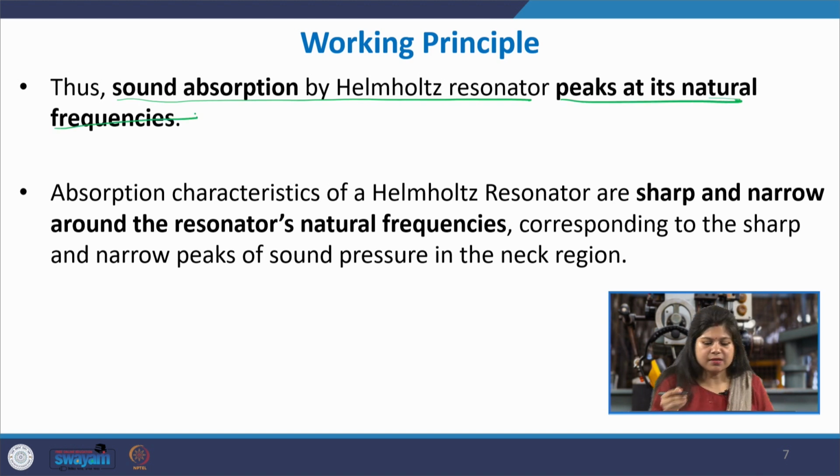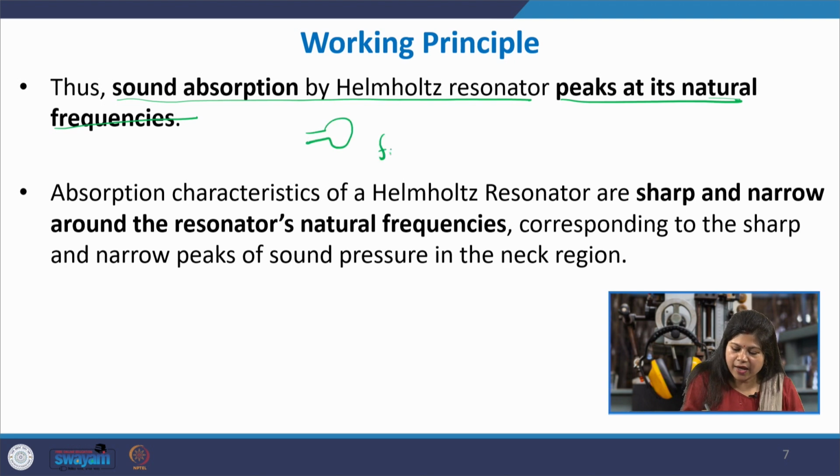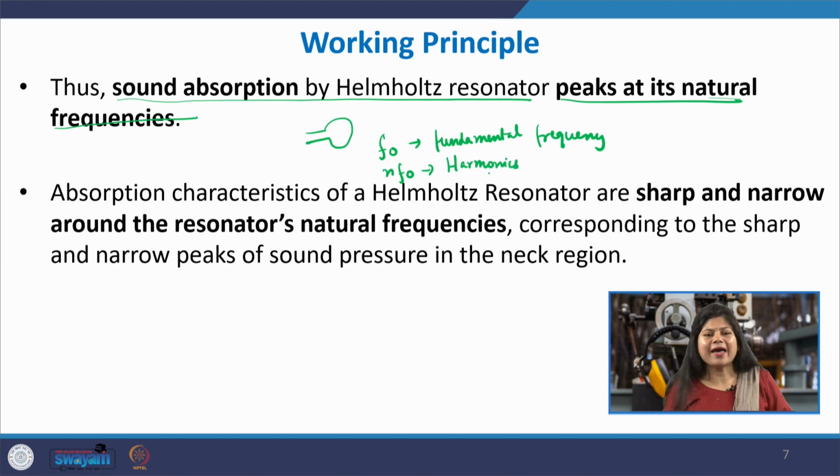Let us say we have a particular Helmholtz resonator like this, and let us say f naught is its first or fundamental frequency, or the first natural frequency, and then we have the multiples of it, which become its higher harmonics. The resonator will have frequencies in integral multiples of f naught. So, the first frequency would be f naught, followed by 2 f naught, 3 f naught, and so on.